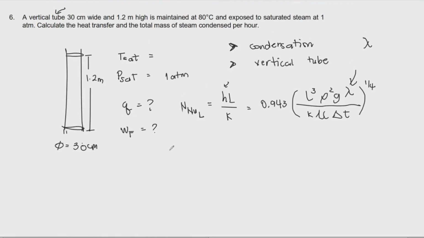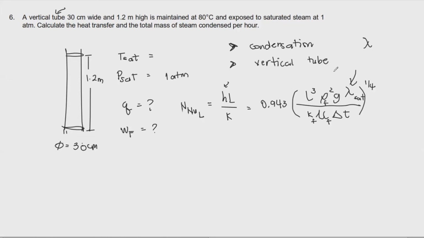So with that, we need to specify that we will be considering the film temperature for our density, our dynamic viscosity, and of course our thermal conductivity. Now for the latent heat of condensation, we will be considering the temperature at saturation and not the film, simply because the latent heat of condensation happens at a fixed temperature, that is the temperature of the steam, and not somewhere at the film.